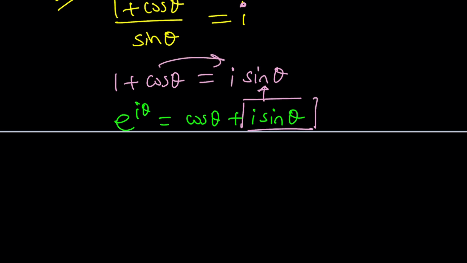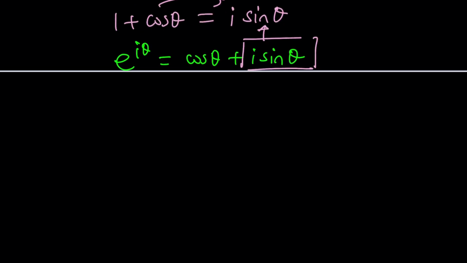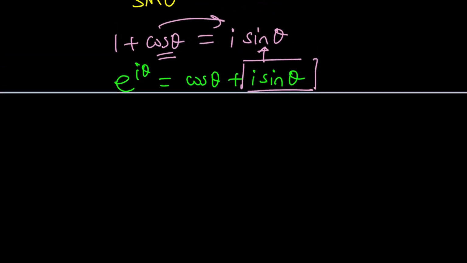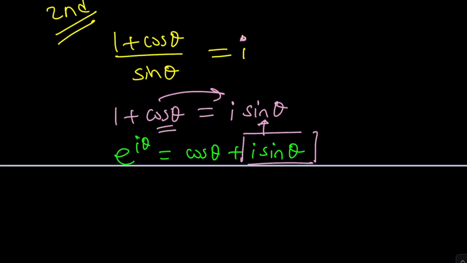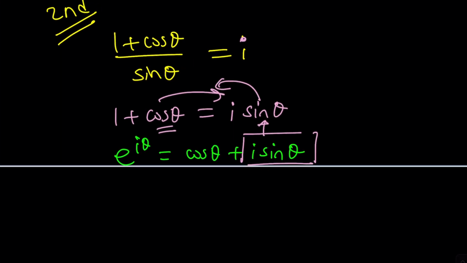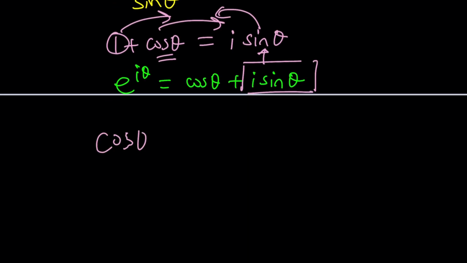Actually, you know what? I want to keep the cosine positive. So why don't we bring in the i sine theta over here and then put the 1 on the right-hand side as a negative 1? So in other words, this is what we get. Cosine theta minus i sine theta equals negative 1.